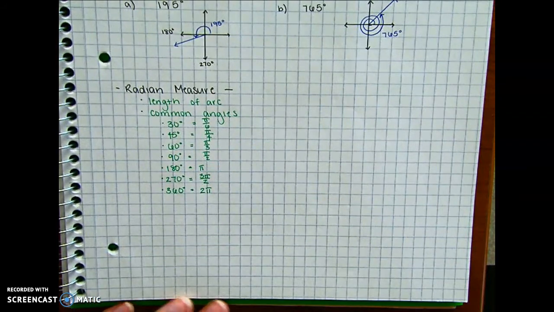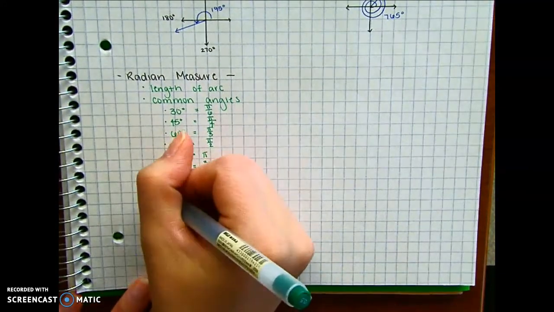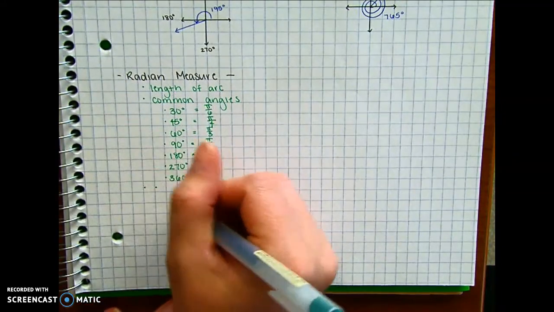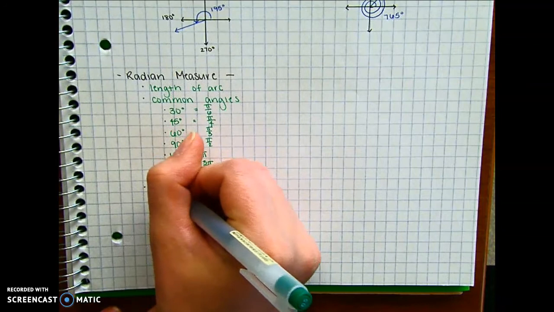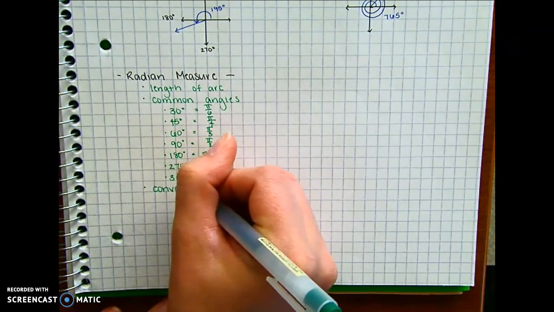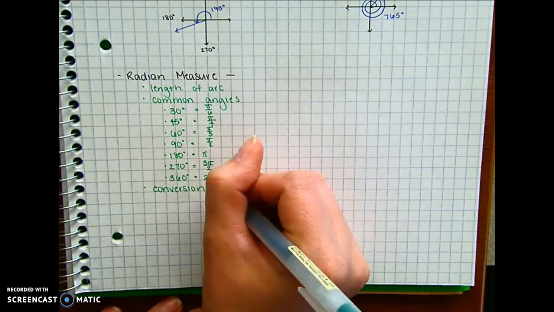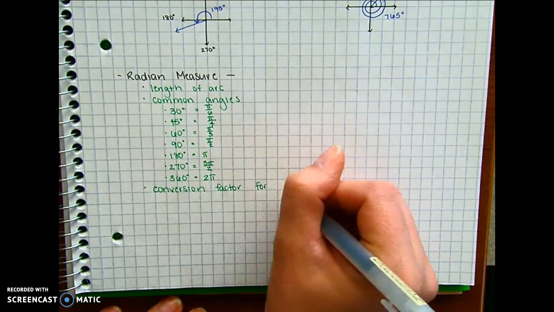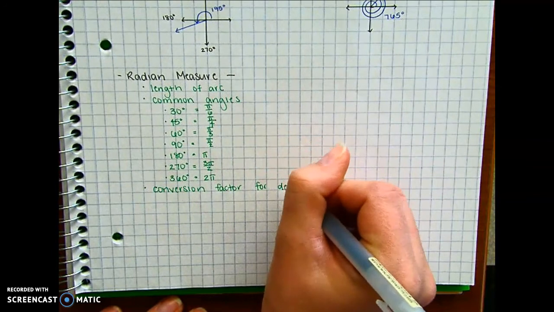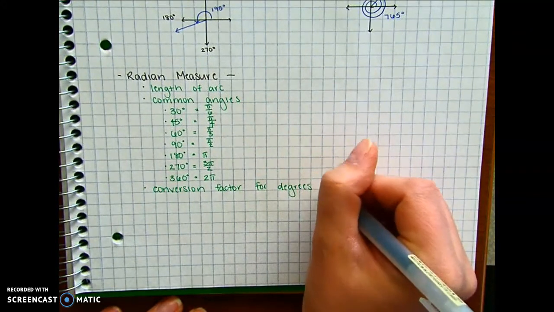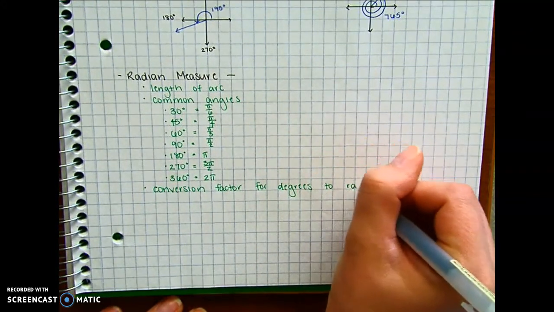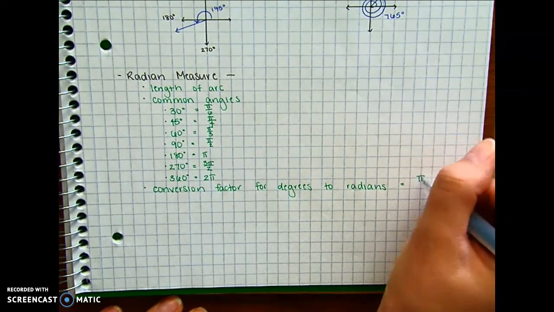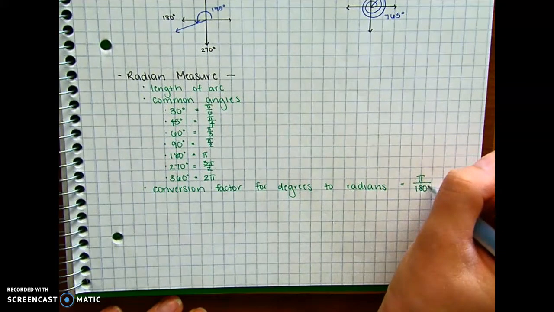We'll also be doing some conversions in this chapter. And the conversion factor for degrees to radians is equal to pi over 180 degrees.